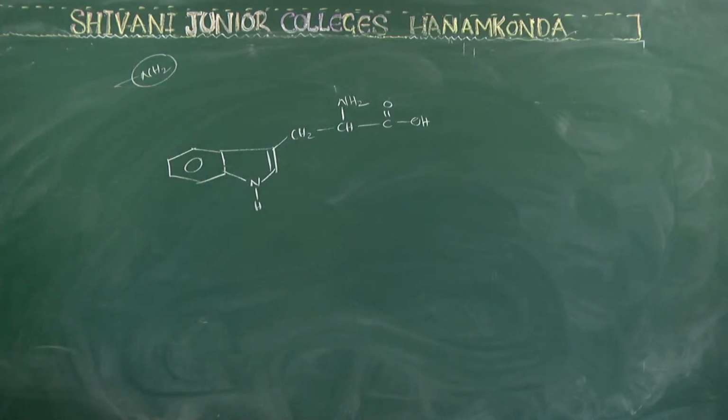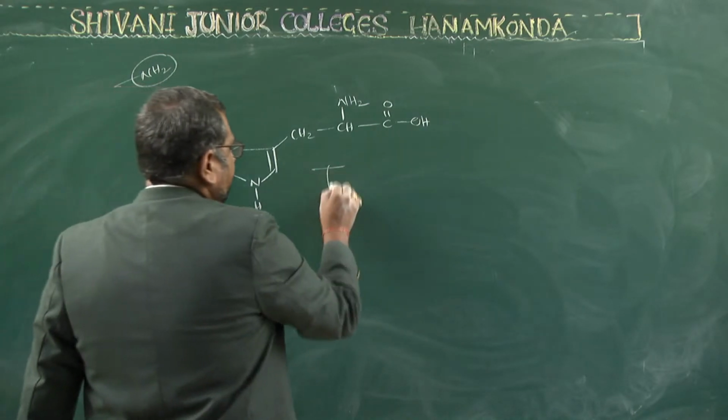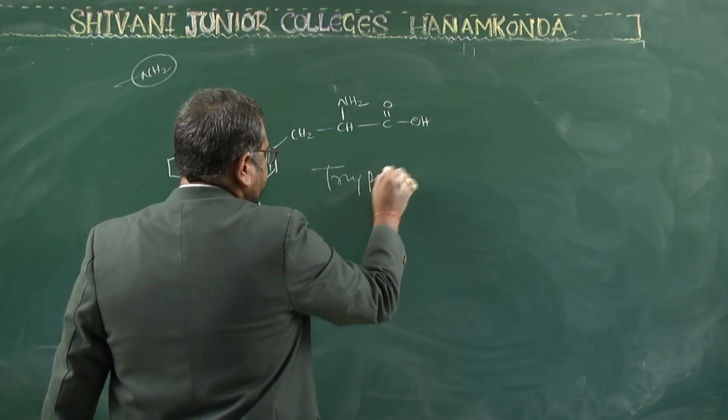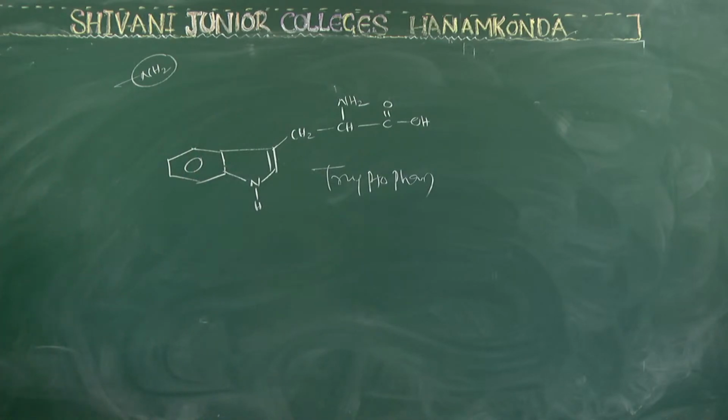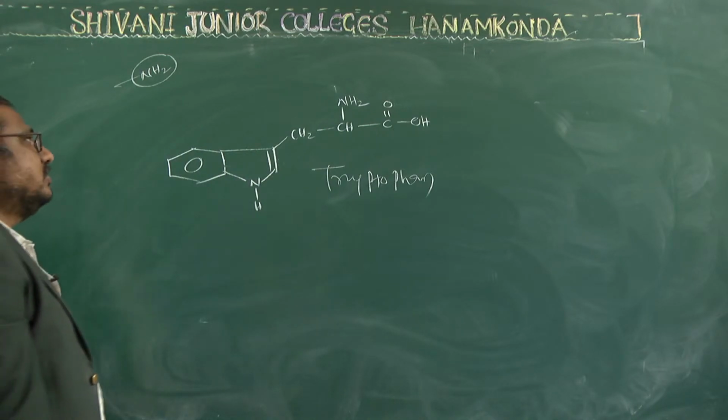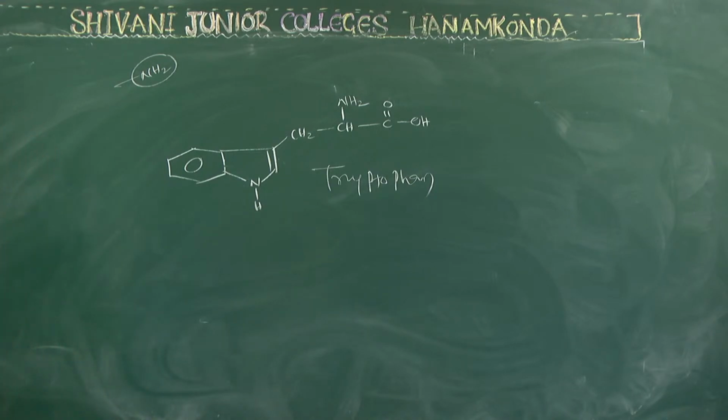See that an aromatic heterocyclic group is present. This aromatic heterocyclic group is the best example for tryptophan. This one is tryptophan. It is present in egg, that is tryptophan material. And histidine is also an example of this compound, histidine material.